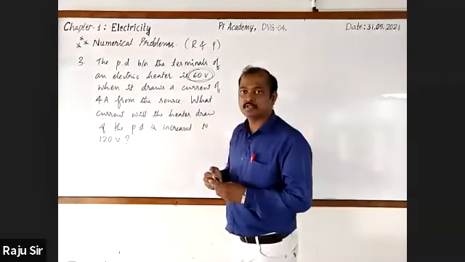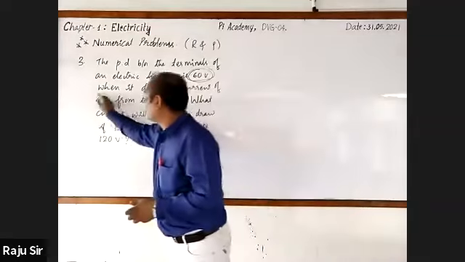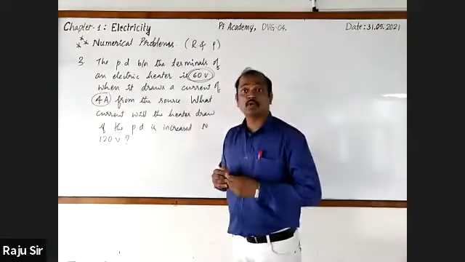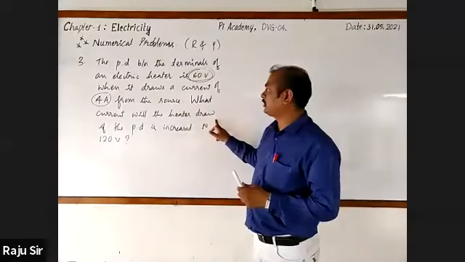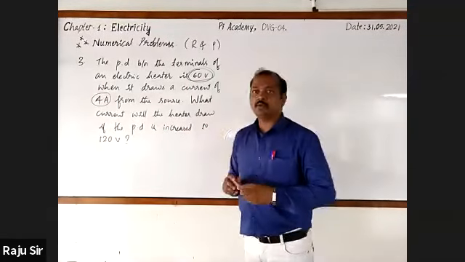Potential difference between the terminals of an electric heater is 60 volt, when it draws a current of 4 amps from the source. Then what current will the heater draw if the potential difference is increased to 120 volt?